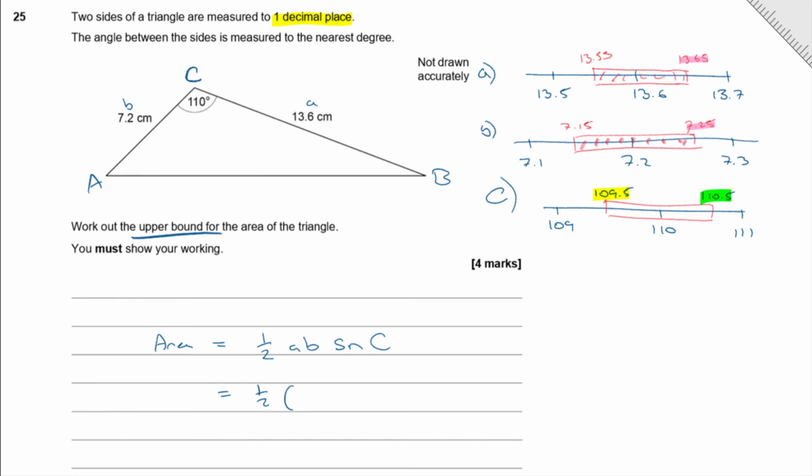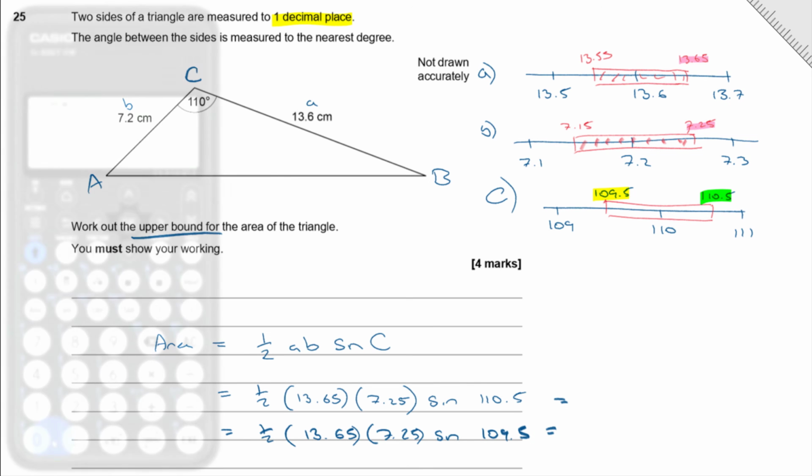So area could be a half times the upper bound of A, which is 13.65, times the upper bound of B, which is 7.25, times the sine. Well, I don't know. I'm going to try the upper bound, 110.5, and see what that gives me. And then I'm going to do the same thing with half times 13.65 times 7.25 times the sine of 109.5, and see which is the bigger one of those two.